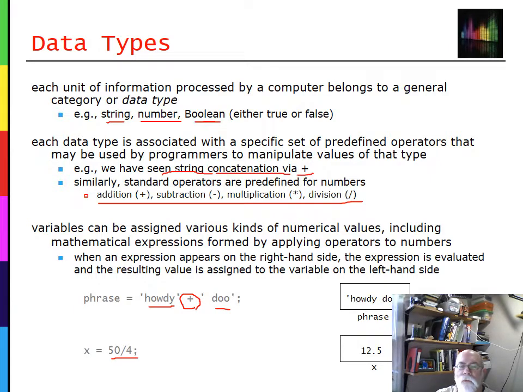We want to divide 4 into 50 and come up with a number 12.5 and assign that to that variable. Just like we're assigning these two to one variable. In our case, this variable is called phrase.